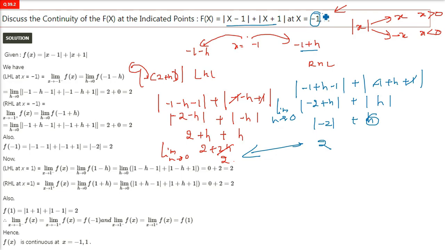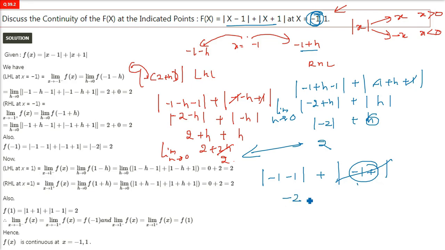So now we have to do one more activity. What is that activity? We need to put this minus 1 in this function and check whether the value comes to 2 or not. So I am just placing minus 1 here, minus 1 and minus 1 plus 1. This 1 minus 1 is 0. So modulus of 0 is of course 0.